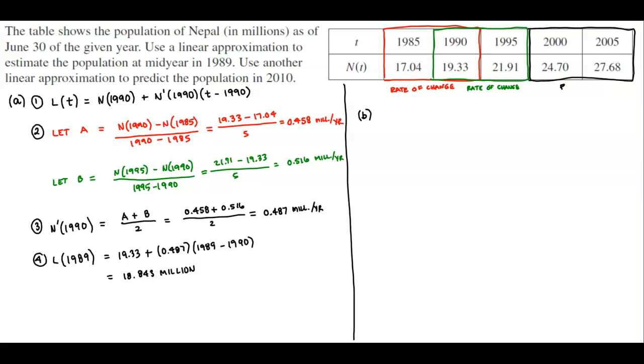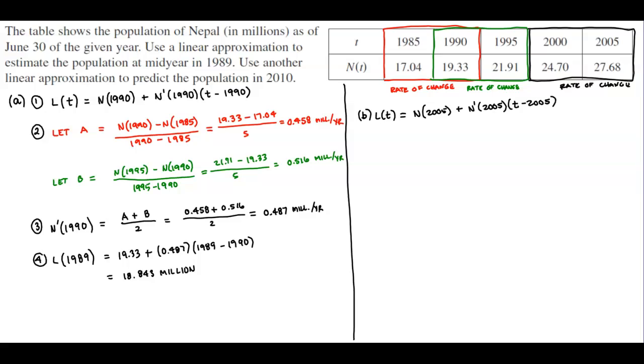So we're going to have to find the rate of change between those two points, which means that we're going to use 2005 as our a in our linear approximation. So L of t is going to equal n of 2005 plus n prime of 2005 times t minus 2005.